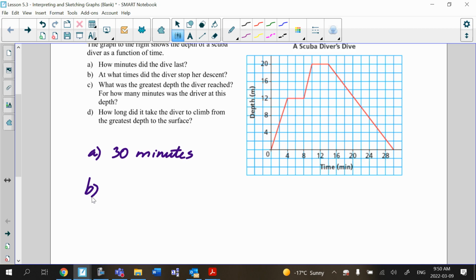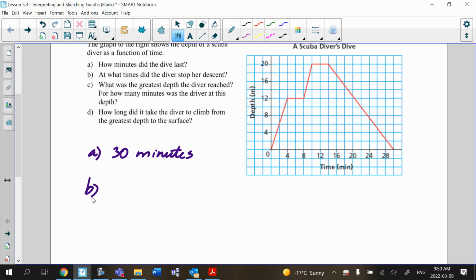What times did the diver stop her descent? How do you know when a descent is stopped? There's a horizontal section to the graph, right? Because here at 12 meters, it's continuing at 12 meters for a while. So not going up, not going down.